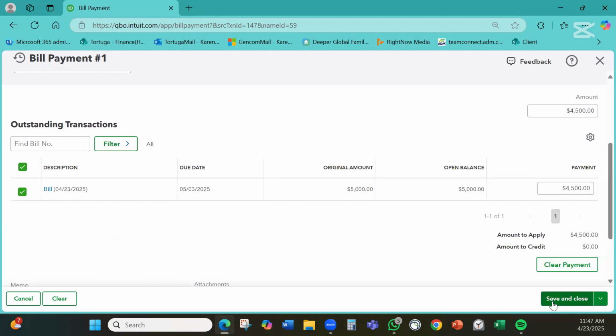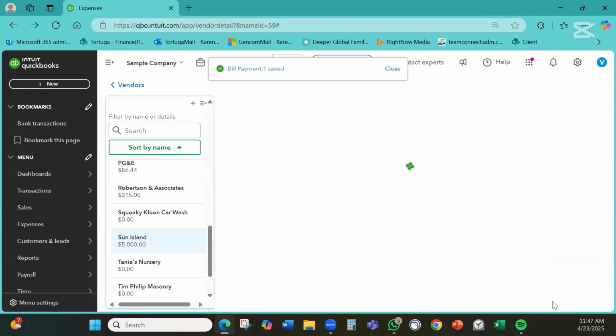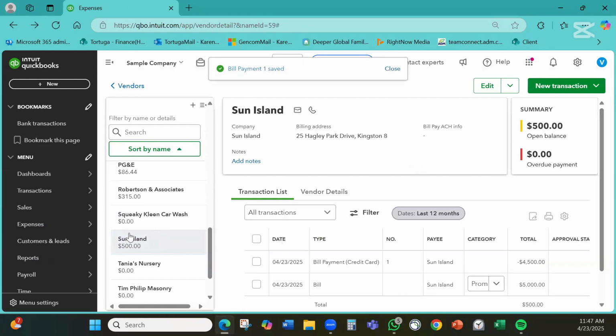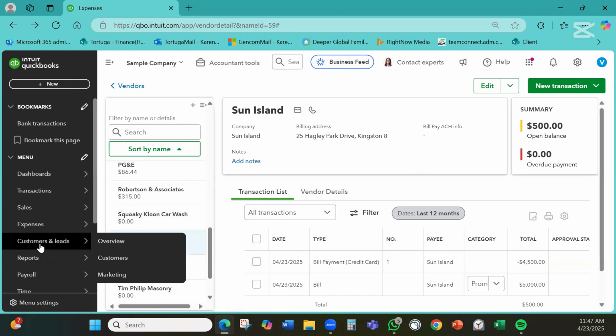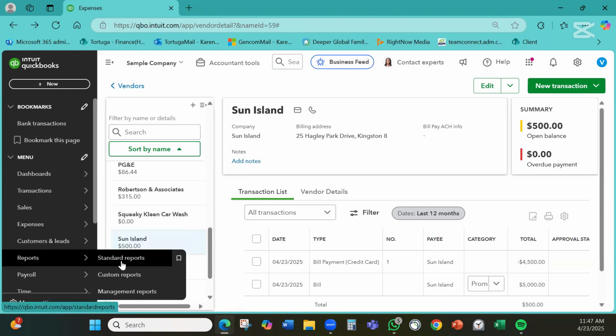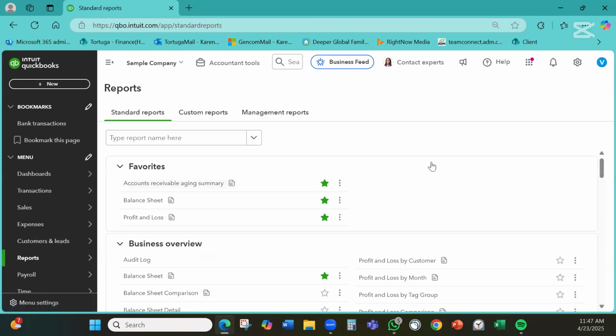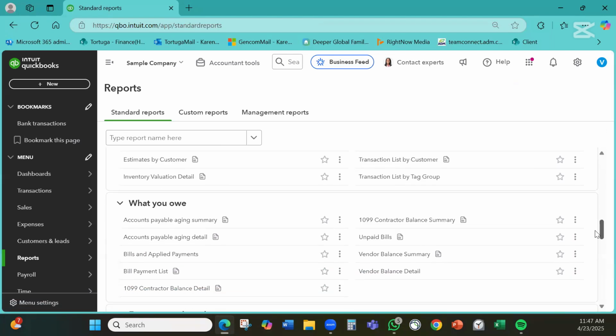And you just save and close. If you look to the left here, the figure just automatically changed, right? So if you run your report, you are going to see just the $500 because the 4,500 was applied.